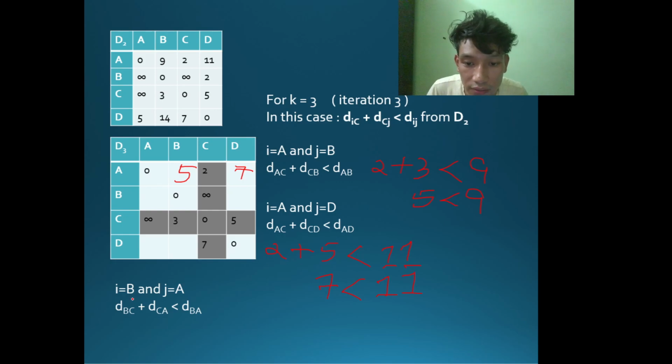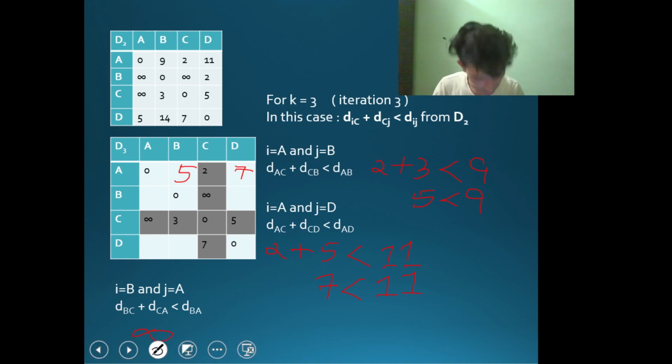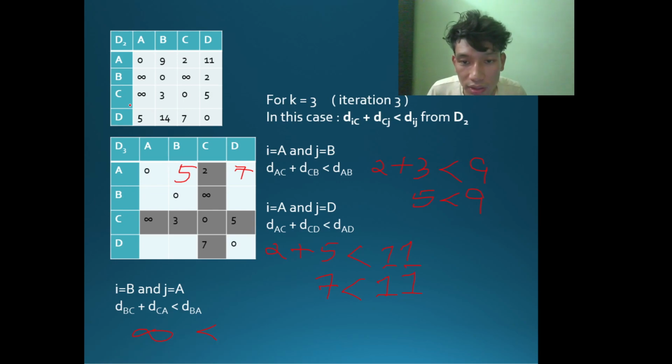And then for i is equal to b and j is equal to a, for this particular cell, we will check for d of bc plus d of ca less than d of ba. So d of bc here is infinity, and anything you add to infinity will always be infinity, right? So we will check for d of ba from the previous matrix, which is also infinity.